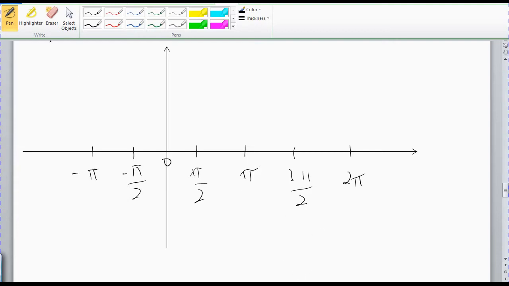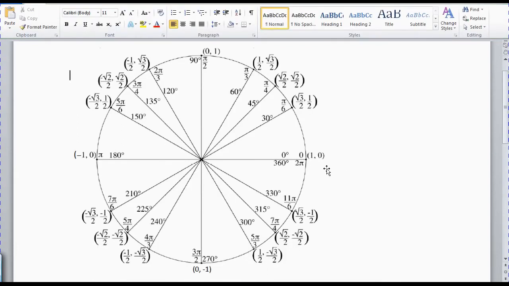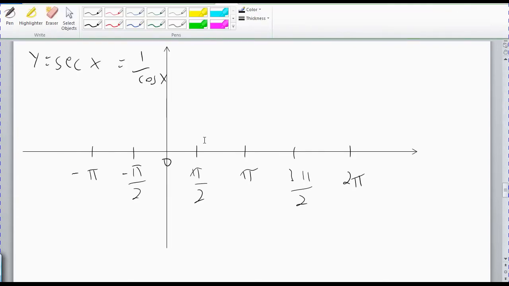And so since y equals secant x is the same as 1 over cosine x, I'm looking at 1 over the x values, because cosine is x's. So 1 over 1 is 1, and that's at 0.